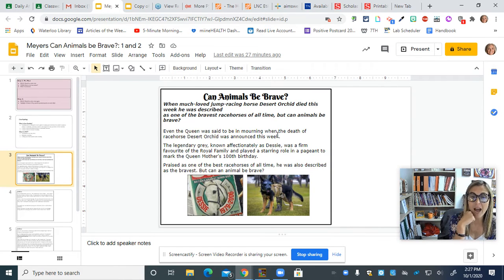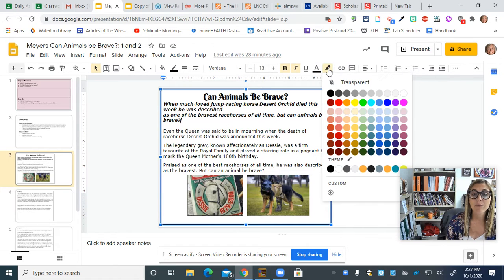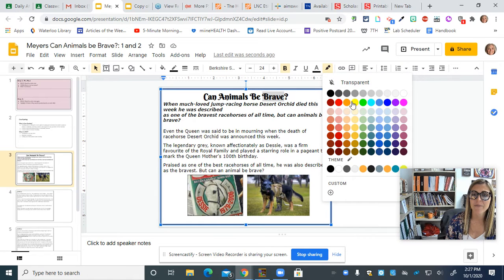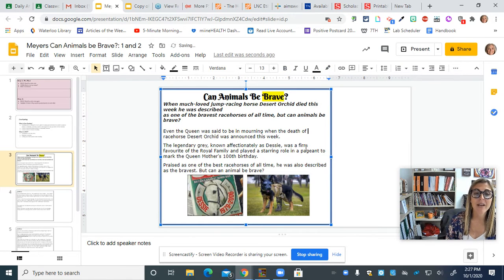Now we're going to stop and go through and find at least 4 repeated words, and you're going to highlight them. As you can tell, probably in every slide, I will highlight in orange, you're going to find the word brave. So let's highlight that. Did I do that backwards? I did. There we go. Horse was said.